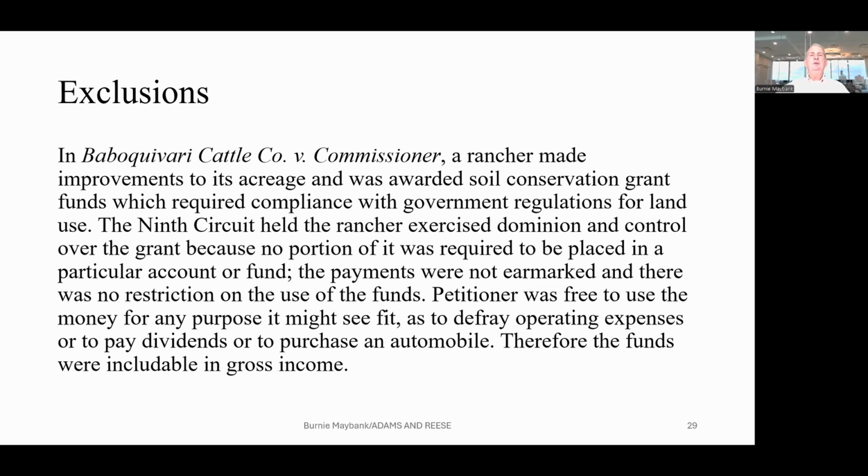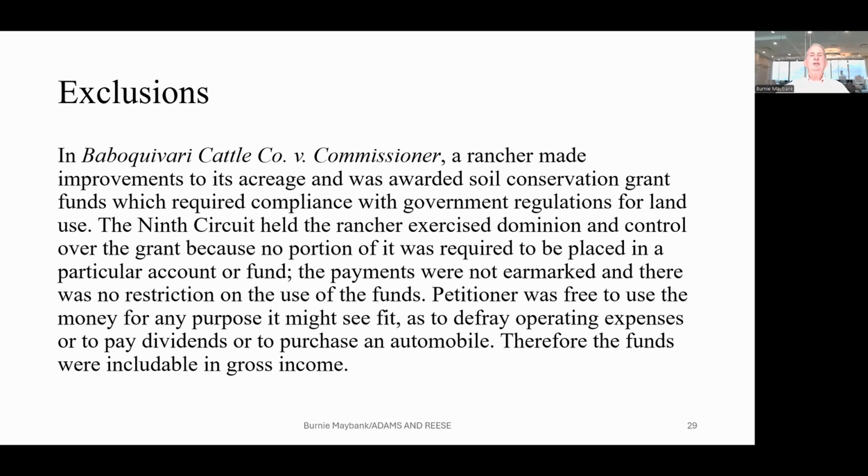A rancher made improvements to his acreage and was awarded a cost contribution grant, which required compliance with governmental regulations. But the Ninth Circuit held that the rancher exercised dominion and control over the grant because no portion of it was required to be placed in a particular account or fund. The payments were not earmarked as to how they could be used. There was no restriction on the use of the funds.